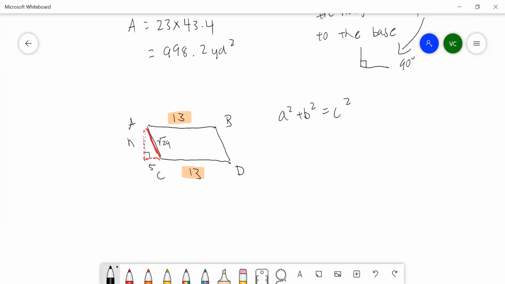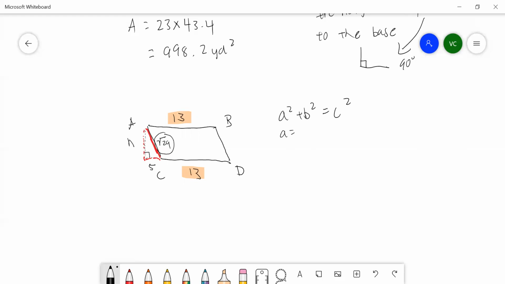So I want you to try to solve for h using the Pythagorean theorem. Pause the video and do it yourself. Okay, if you said that the square root of 29 is our longest side, and that's going to be c, you'd be correct. So the other two sides are going to be h and 5.